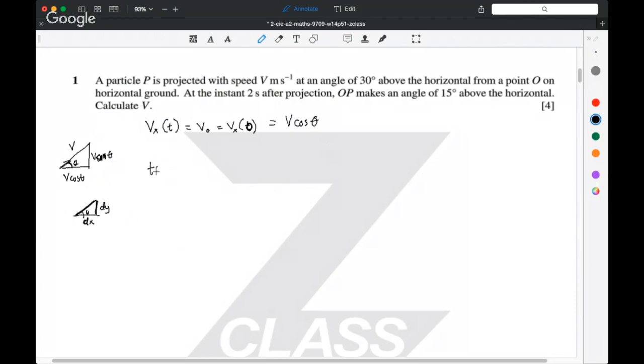And you see that the tangent of theta is dy/dx. Now we can write this as dy/dt over dx/dt.